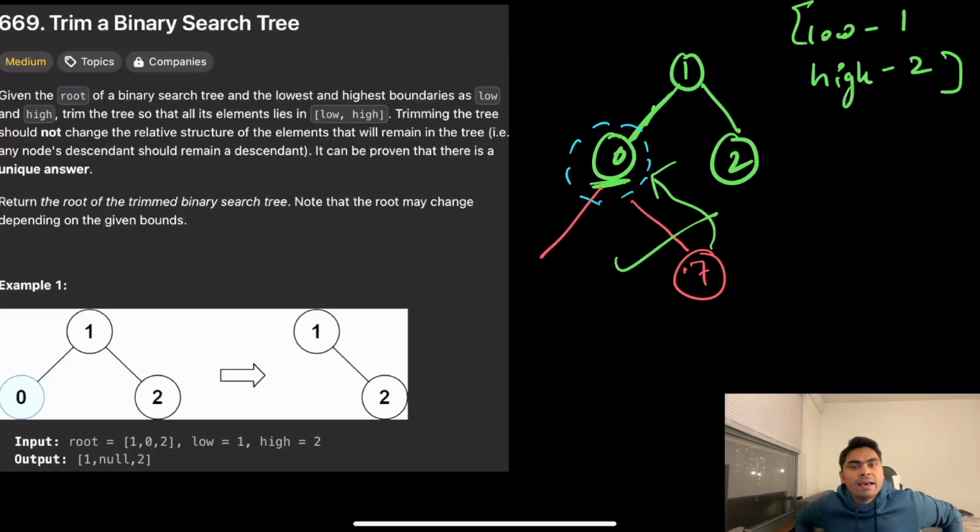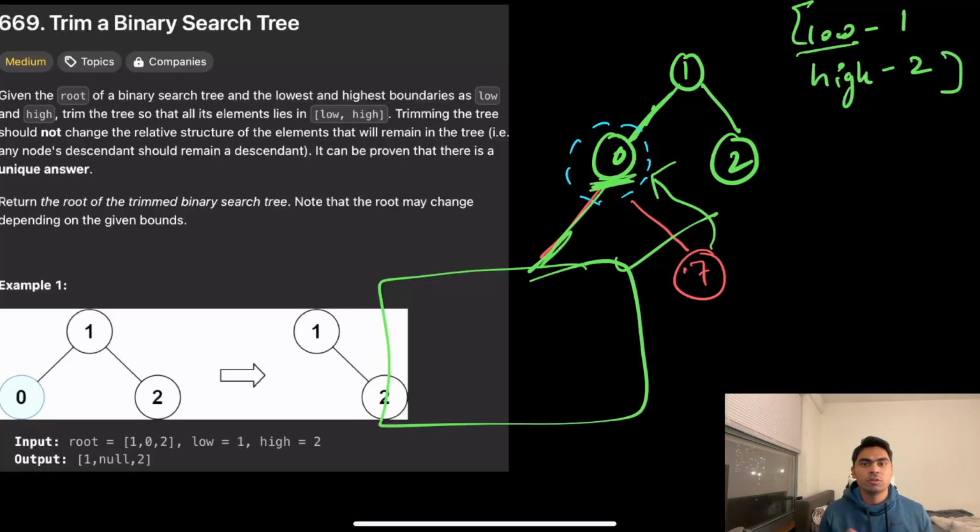So I'll have a recursive function that checks if my root is out of range. If it is, and it is lower than my low range, then I would return the right child, because if this is lower than my low range, then everything in its left subtree will also be smaller, because it holds the property of a binary search tree.